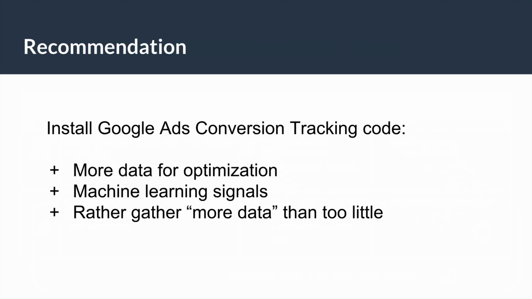All right, what is my recommendation in the end? I would always say to install the Google Ads conversion tracking. Why? Well, you get more data for optimization. If you are somebody who invests money into Google Ads, you want to have signals that a keyword performed better or worse.